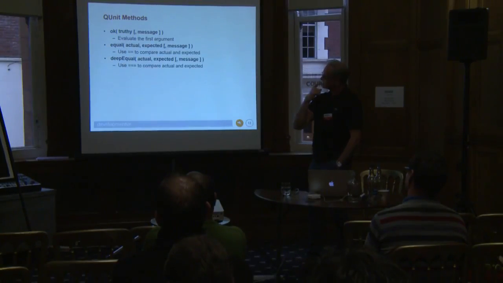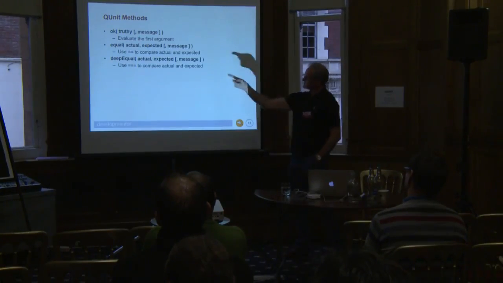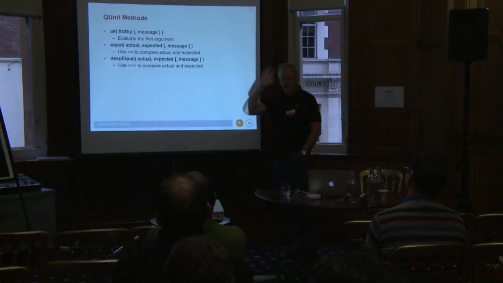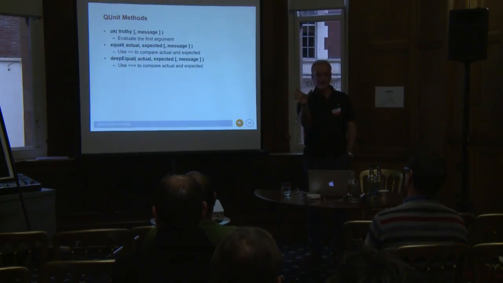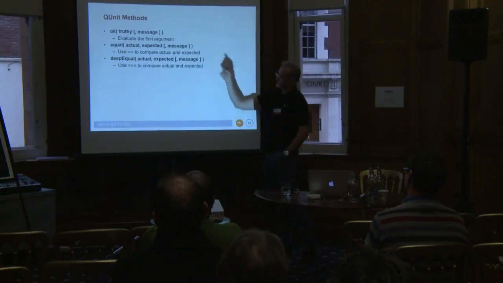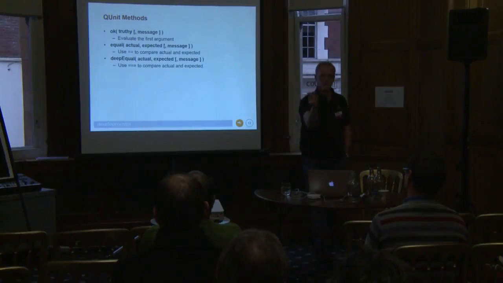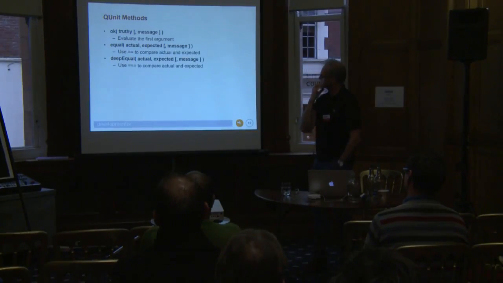The other one is equal, and with equal, we can do a comparison of two values, actual and expected. I'm going to get these the wrong way around. I'm almost certainly going to put expected followed by actual, and if I do, shout at me. And then there's a deep equals as well, which uses a JavaScript triple equals rather than double equals to do the comparison. So it's doing type-safe comparisons, if you like.